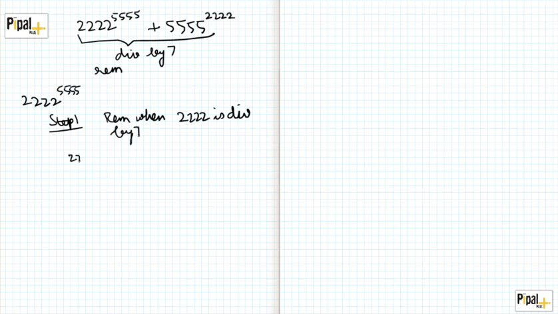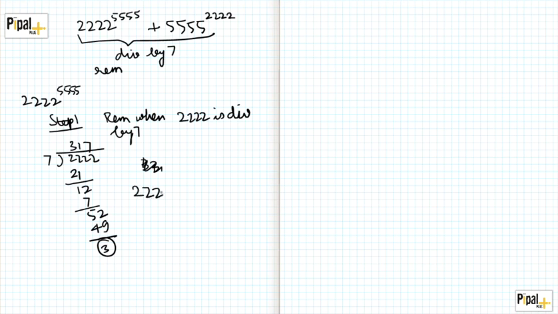Let's divide by 7: 3 times 7 is 21, 12, 7 times 1 is 7, 52, 7 times 7 is 49, remainder 3, right? So 2222 is of the form 7m plus 3, 3 being the remainder. So this is step 1.